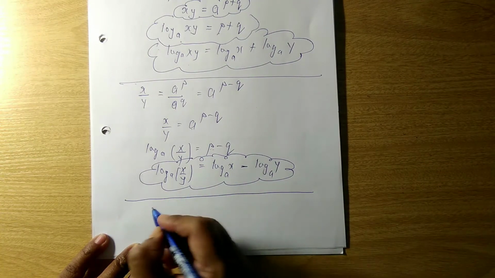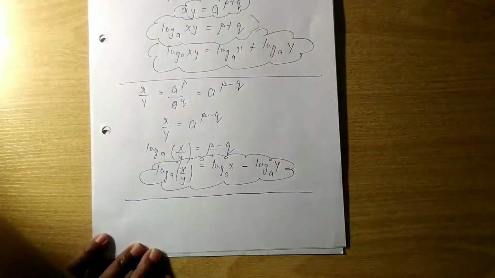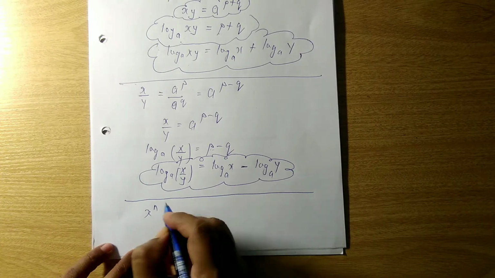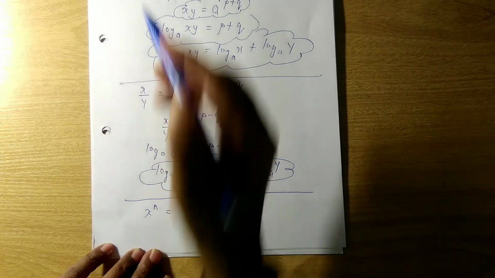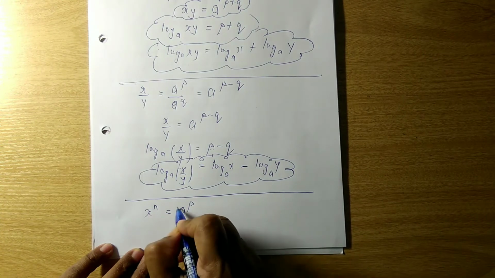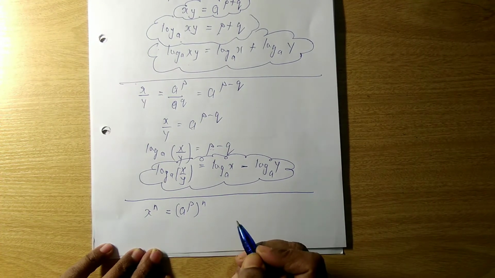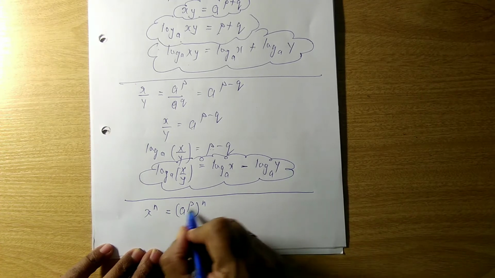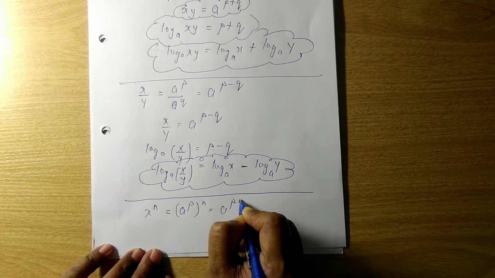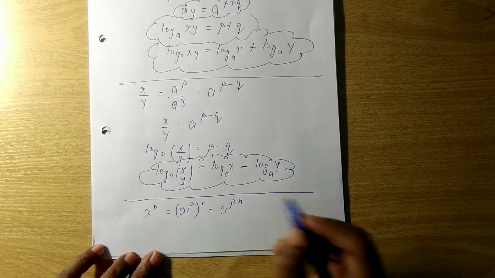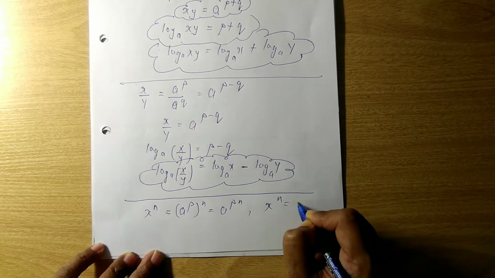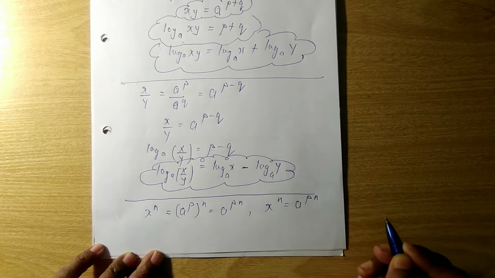One more. Let's say I've got x to the power of n. Based on what we have, x is a to the power of p, so x^n is a^p raised to n. Remember back in indices, when a power is raised by a power, we multiply, so this is a to the power of pn.